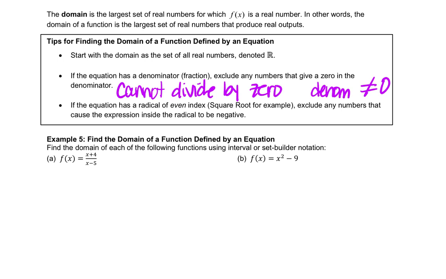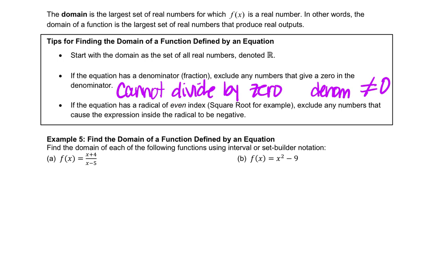All right. If the equation has a radical with an even index, so a square root, a fourth root, a sixth root, okay? So if it has a radical and the index is even, exclude any numbers that cause the expression inside the radical to be negative. So remember, you cannot have square roots that are negative.